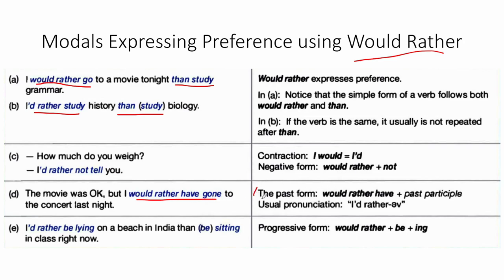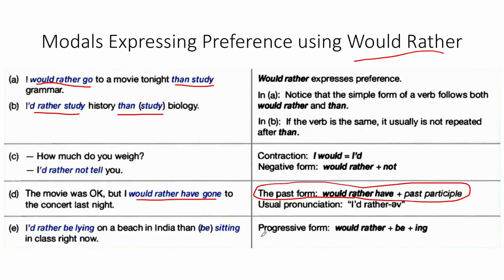So this is the past form of would rather, like what we have seen before for should and other modals. So when we want to express a preference about something in the past, we use this rule.